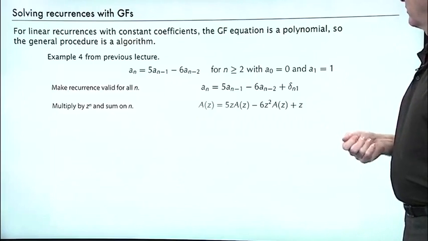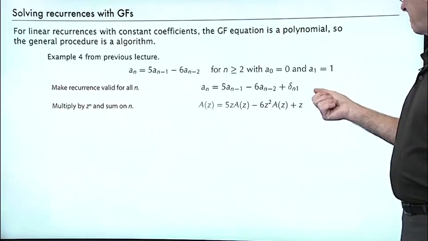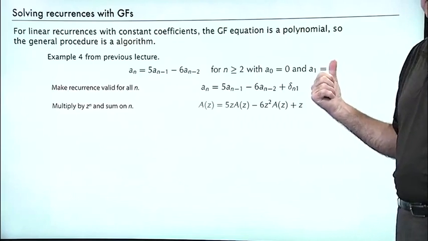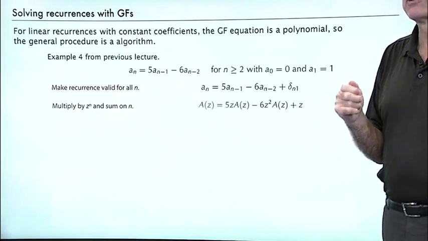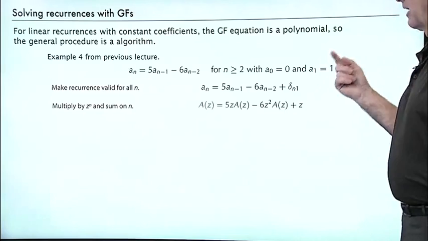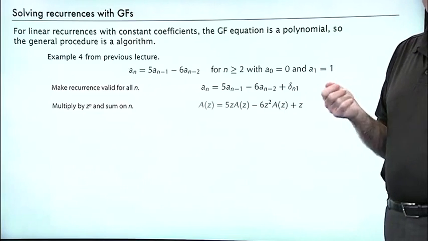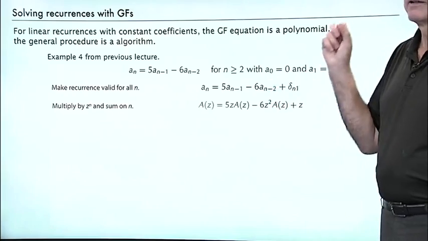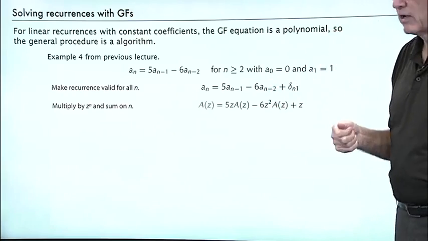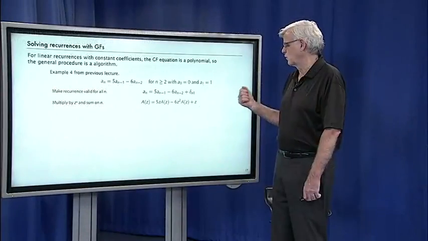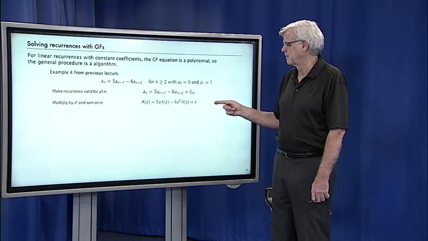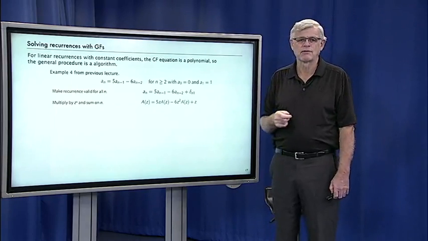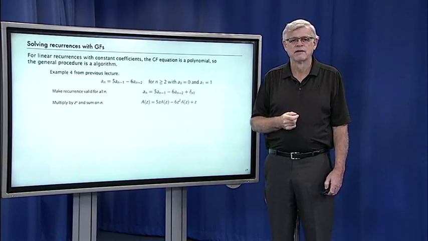And for the second term, we change n to n plus 2 in the sum and throw out a z squared, that's minus 6z squared A(z). And the Kronecker delta term, that's a sum on all n, but that thing is only 1 when n equals 1, so that's z^n, in that case just z. So that's an equation that the generating function has to satisfy.